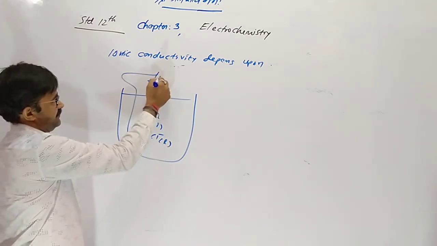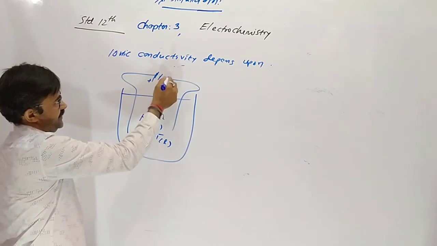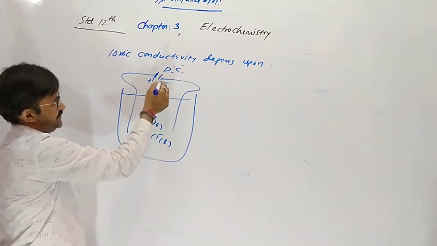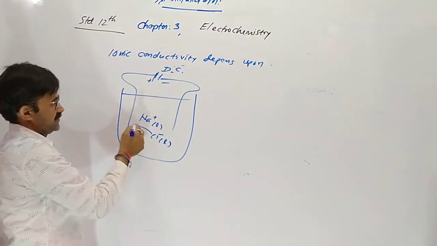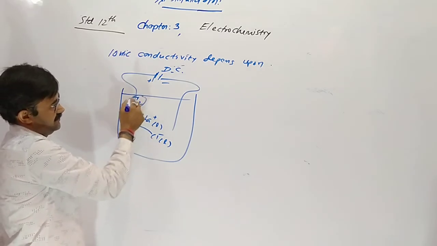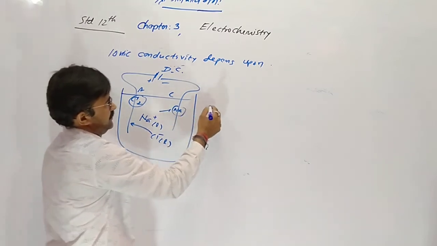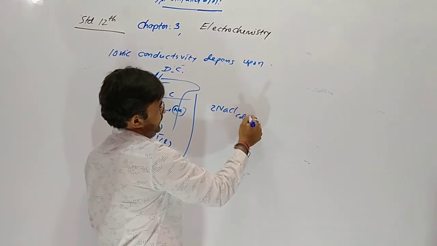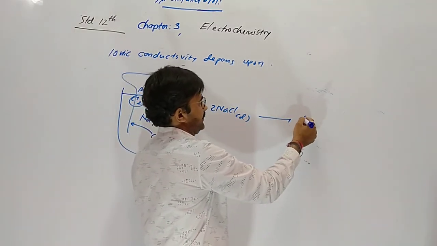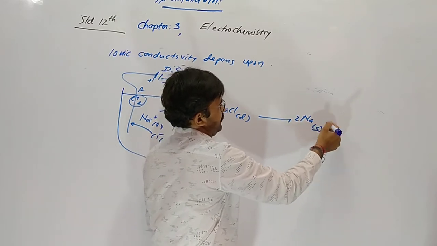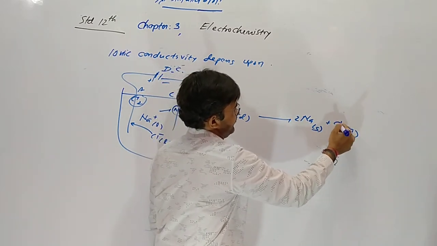And also when we take molten NaCl and pass electric current, not AC but DC, Cl minus moves to the anode and sodium to the cathode. So when we pass electric current in an electrolytic solution, the composition will be changed.